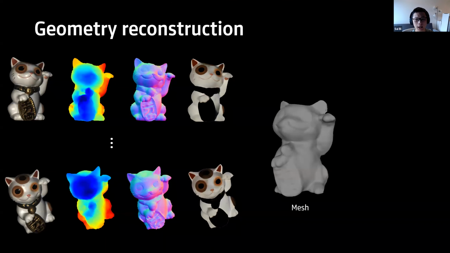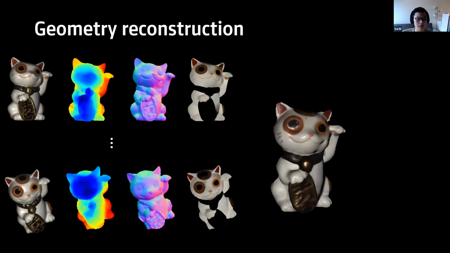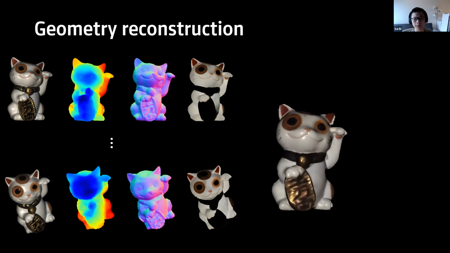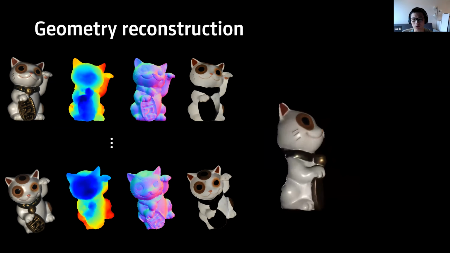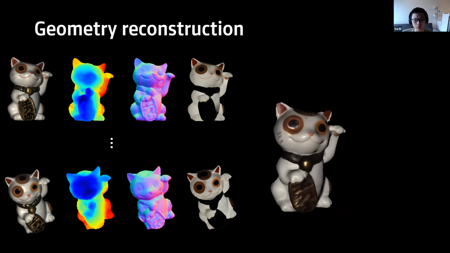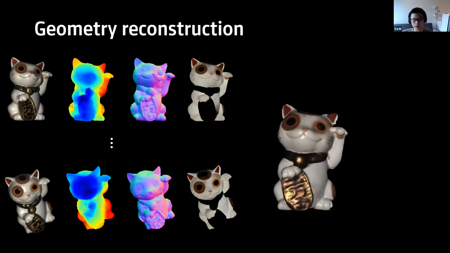To recover per-vertex BRDF, one naive way is weighted blending of the predictions at each view. However, in practice, it is inevitable that there exist potential inaccuracies in predictions and inconsistency between different views.